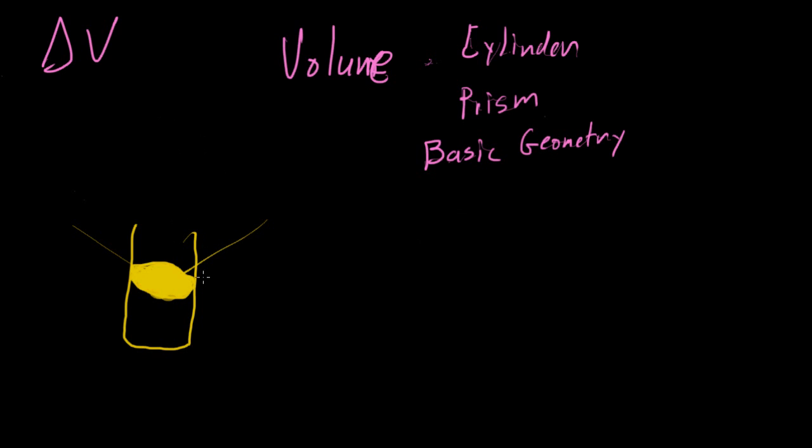Our most common situations will have a piston, and they'll probably give you pressure, just some number, and maybe you're looking for work, or maybe vice versa. Maybe they gave you work and you're looking for pressure, and they'll say, okay, the piston moved some distance.